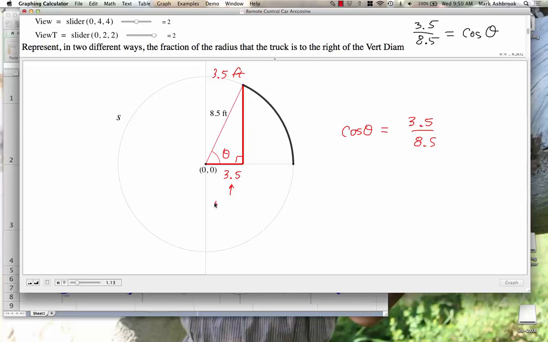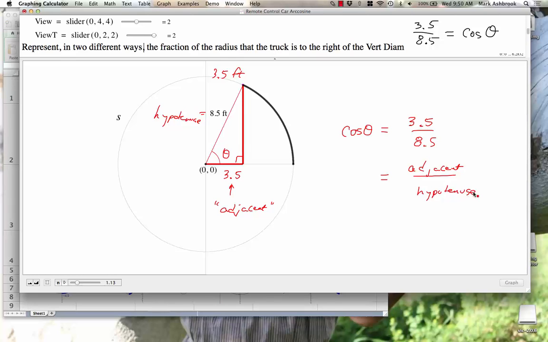That 3.5 we call the adjacent side to the angle. It's next to the angle. And this is the hypotenuse. So really, what we found is that cosine theta is the adjacent side to theta over the hypotenuse of that triangle.